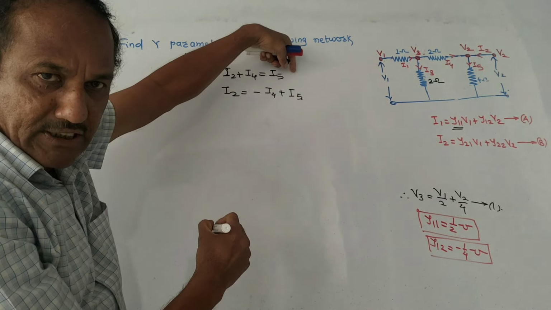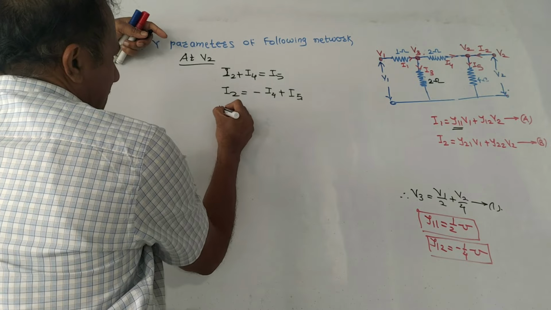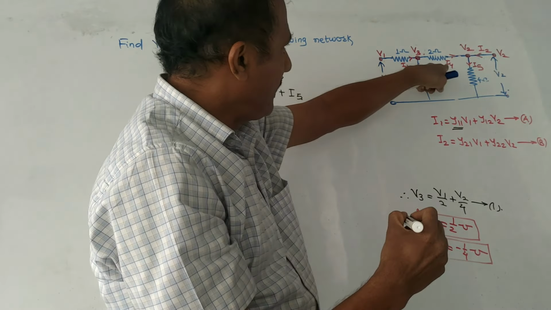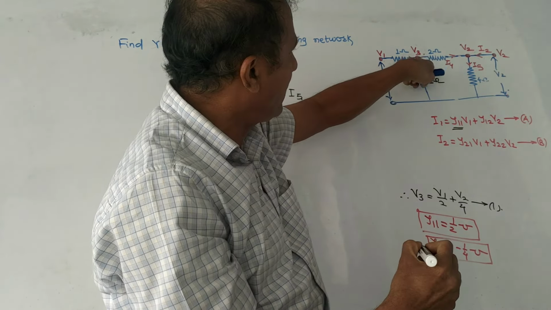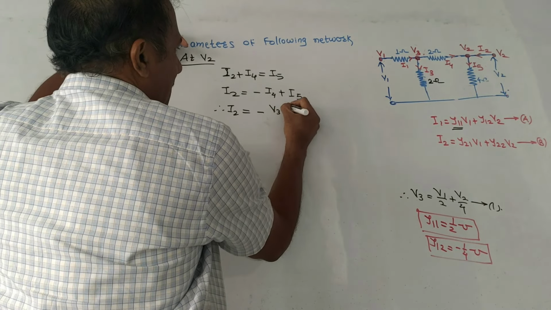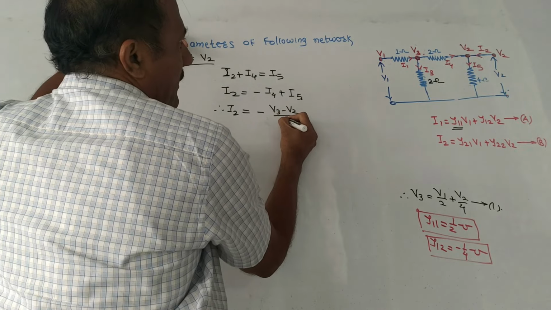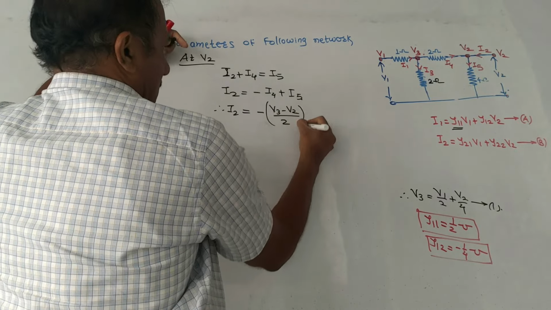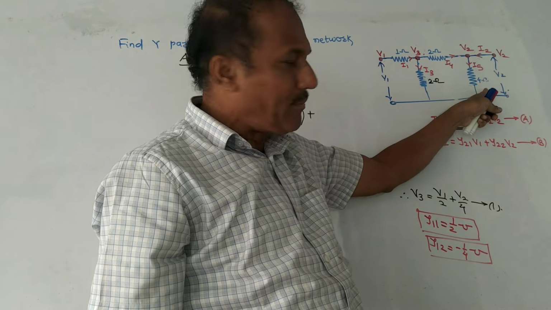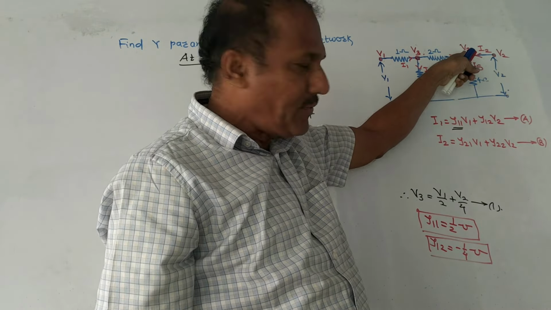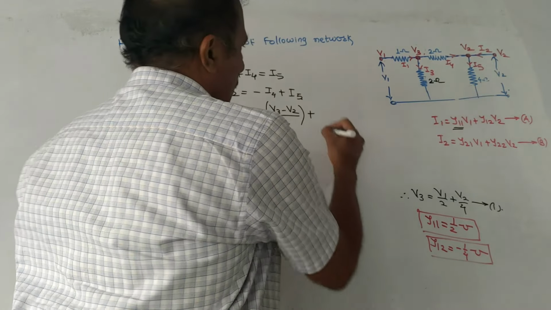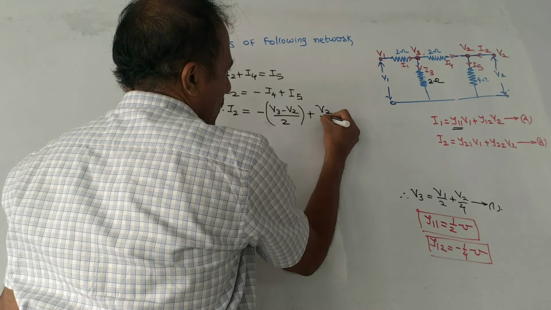This I4 is transferred to the RHS side. Keep I2 as it is, equal to minus. Look at the diagram. I4 is the current flowing from V3 to V2. So it can be written as V3 minus V2 upon 2 plus I5. I5 is the current flowing through the 4 ohm resistance. At one end the voltage is V2, the other end is grounded, so it is V2 minus 0 upon 4. So simply I will write V2 upon 4.